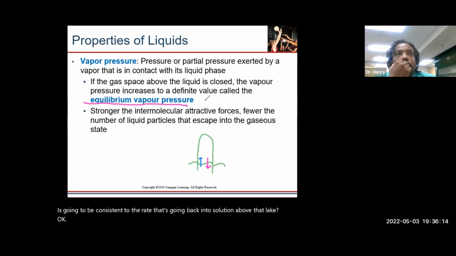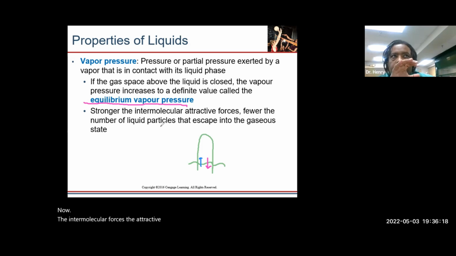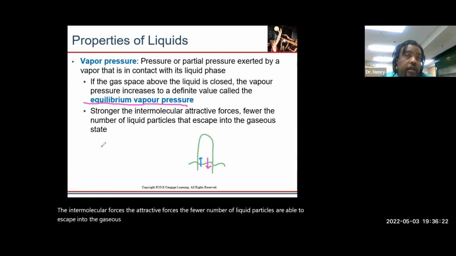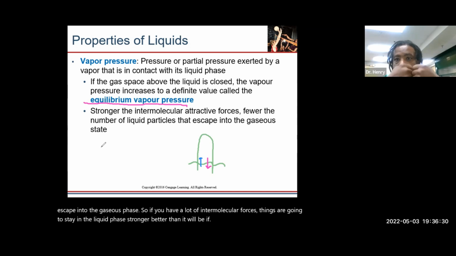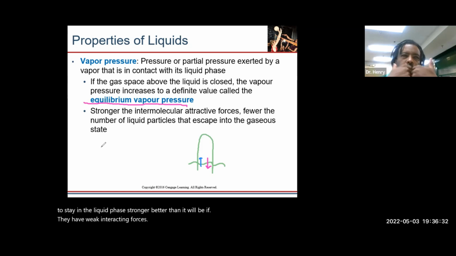Now, the stronger the intermolecular forces, the attractive forces, the fewer liquid particles are able to escape into the gaseous phase. So if you have a lot of intermolecular forces, things are going to stay in the liquid phase better than if they have weak interacting forces, right? So what do I mean by weak interacting forces?